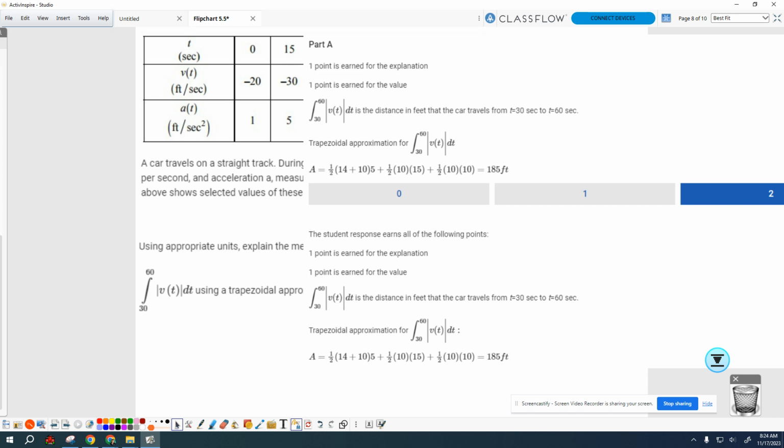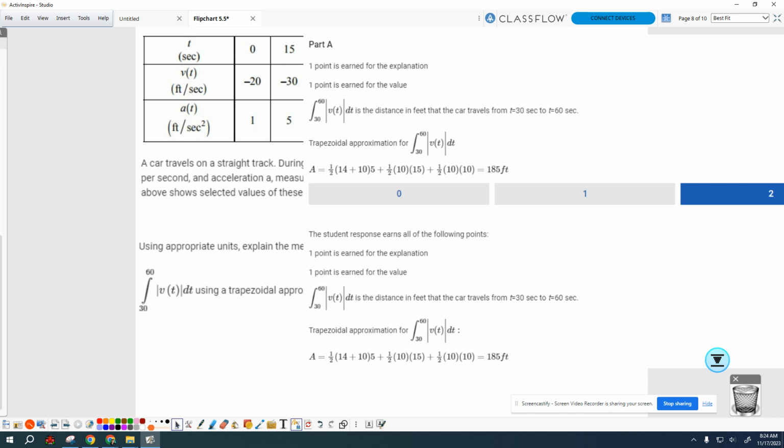Last year, grading these, if students said it's the number of gallons that went in over 30 to 60 seconds, they didn't get the point. They needed to say gallons of water or gallons of gas. So I argued a lot of those. I kicked them all up to the table leader later. Just like, would you believe me already? They said no. They have to say gas.